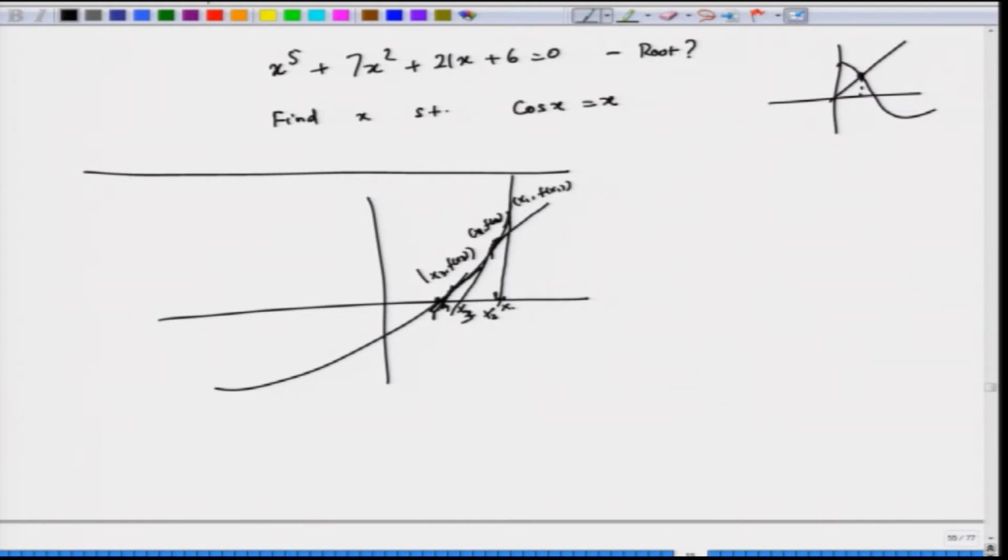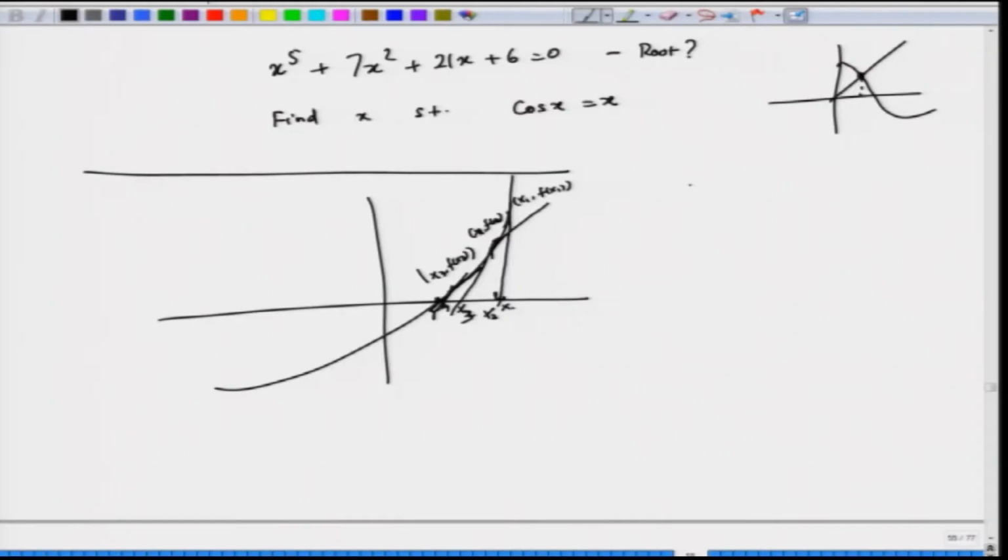If I repeat this process, I can keep on going many times, and for n large, they are getting closer and closer to the root r. So, what does it mathematically say? Now, consider y is equal to f of x.